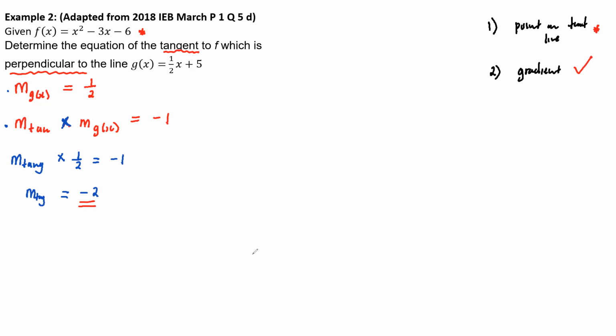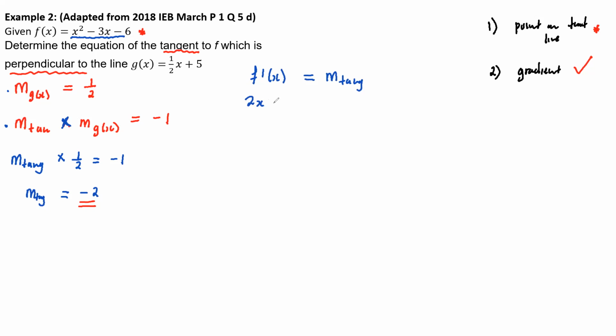I remember a relationship. I remember that when dealing with tangents, the derivative of f of x will be equal to the gradient of the tangent. The derivative of f of x: power multiplies coefficient, 2x to the power 1.